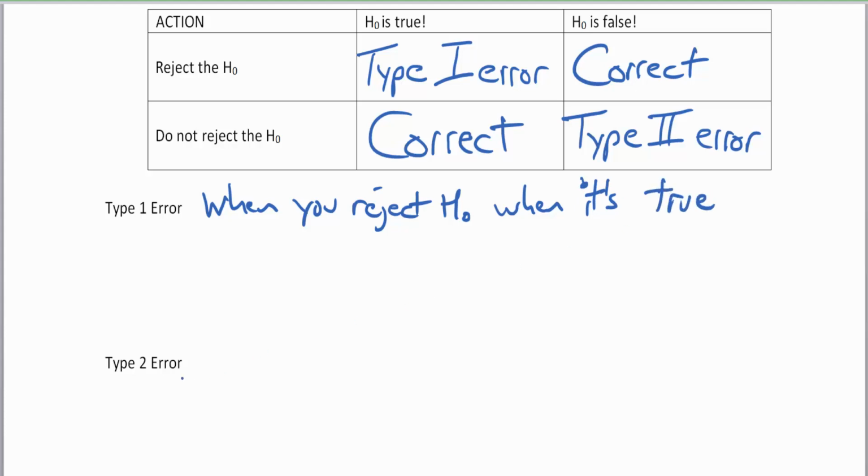Now, what about the type 2 error? This is when you do not reject the null hypothesis when it's false.